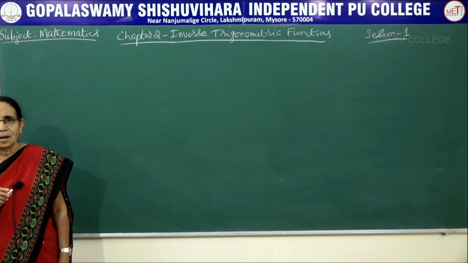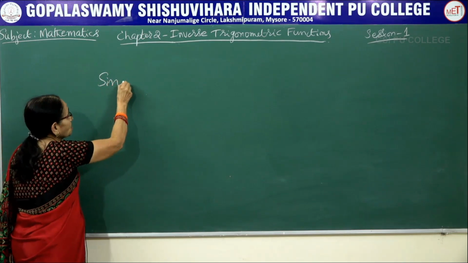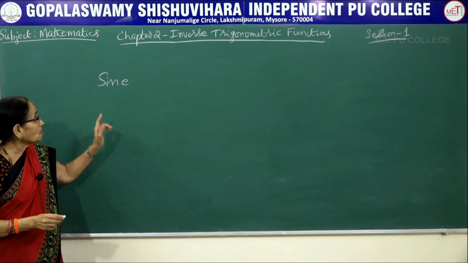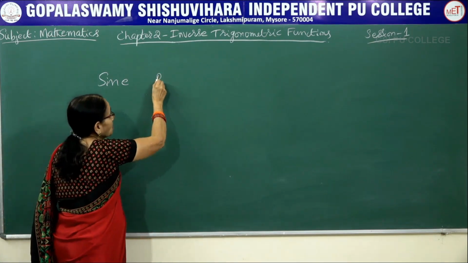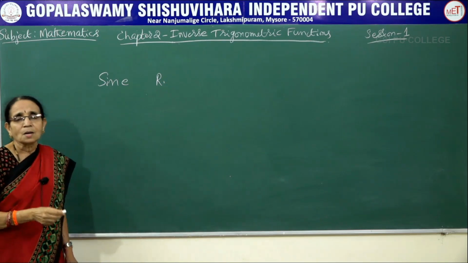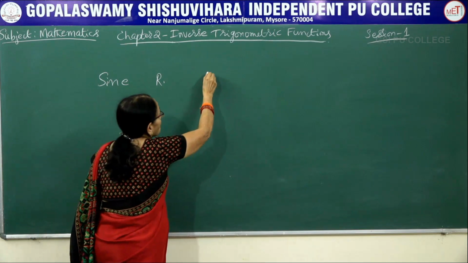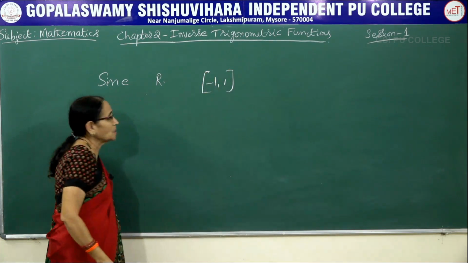Now, let me consider a trigonometric function, that is the sine function. And what is the domain of the sine function? The domain of the sine function is the set of real numbers. And what is the range of this one? It is the closed interval minus 1 comma plus 1.